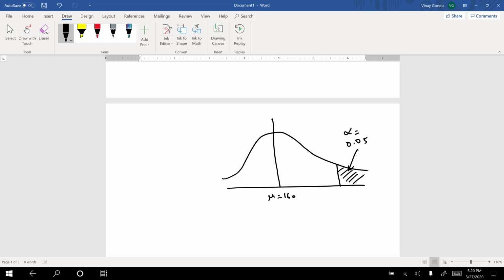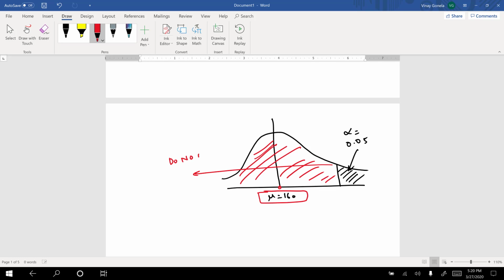Anything left of this, since 160 falls on this side, whatever the president is claiming, our H null, we do not reject H null.